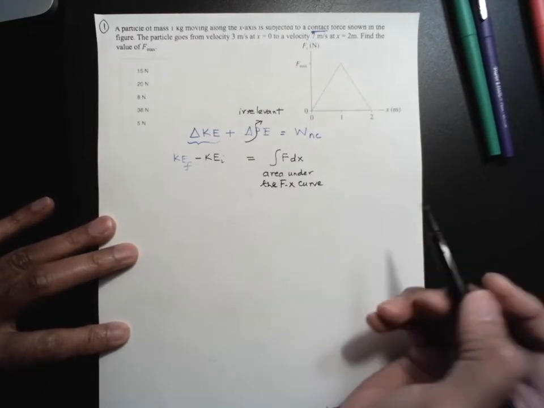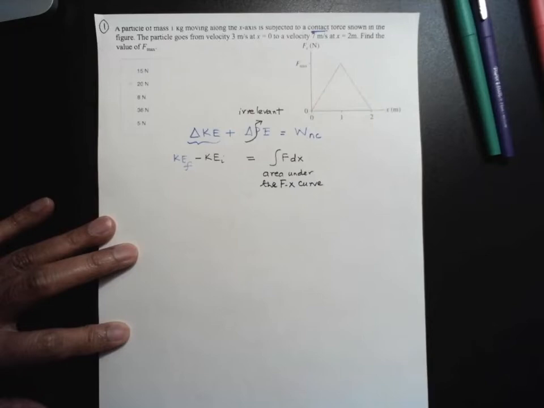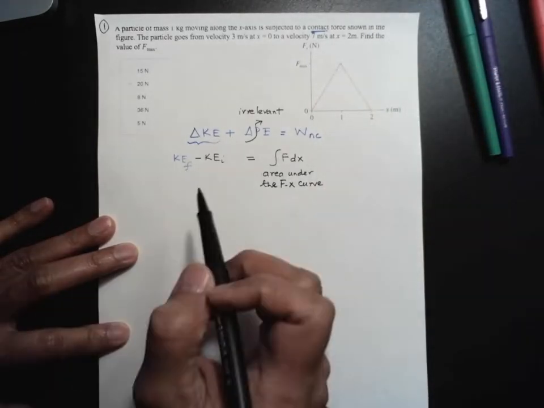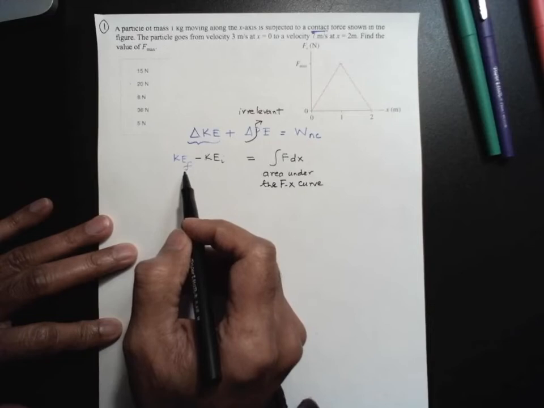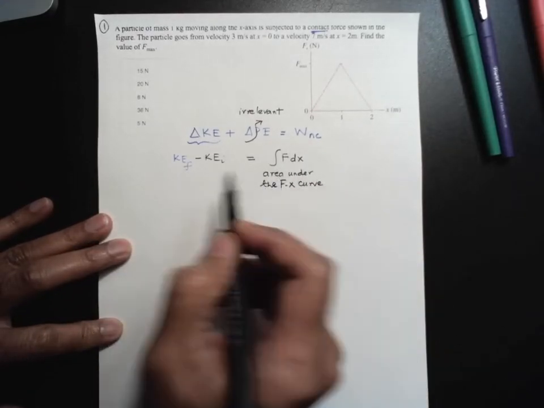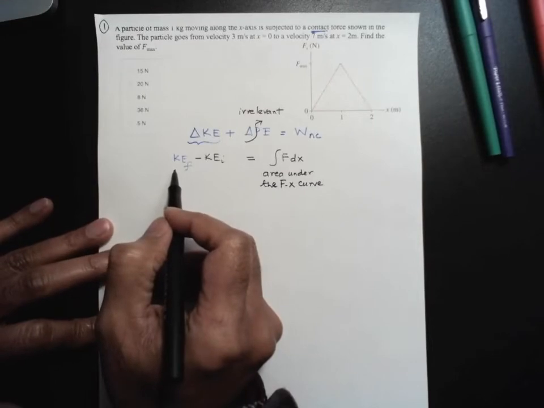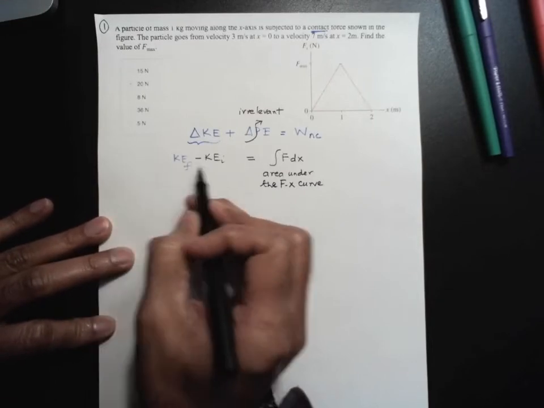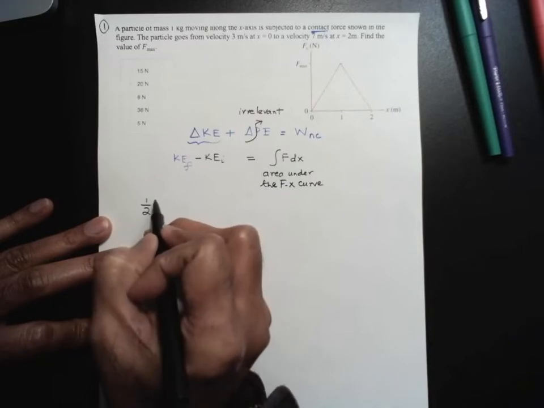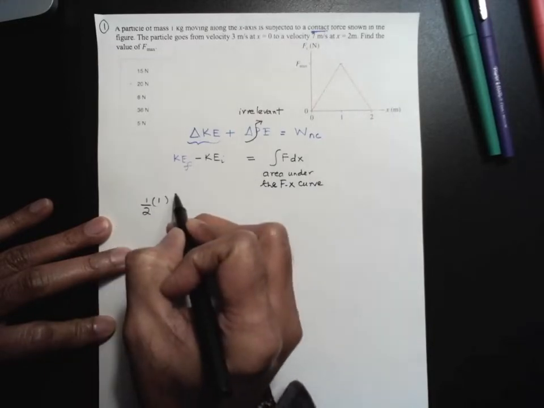I guess we've set up the problem at this point. We want to find the value of F max, and you see that's going to show up in this part of the equation. So what's the KE final minus KE initial? It's 1/2 the mass, which is 1, times v squared.